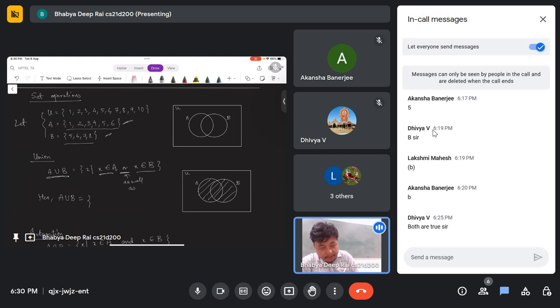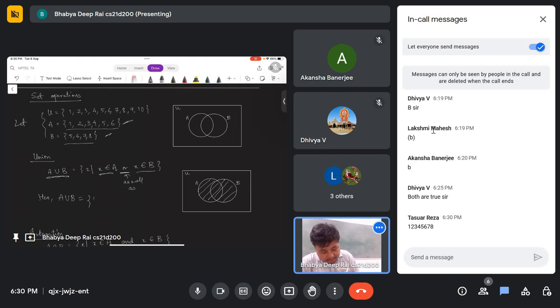A union B should be all the elements which are in A as well as B. That's what Reza says: 1, 2, 3, 4, 5, 6, 7, 8. It should be all the elements that are in A as well as in B. Good.